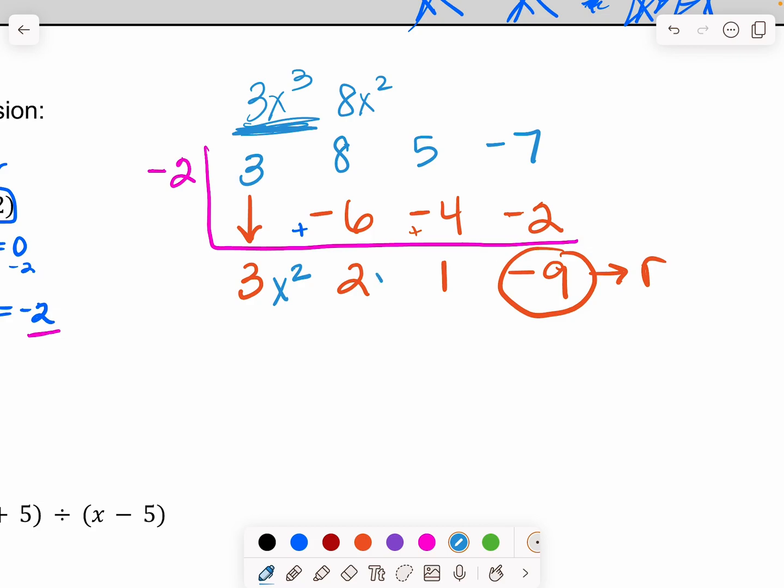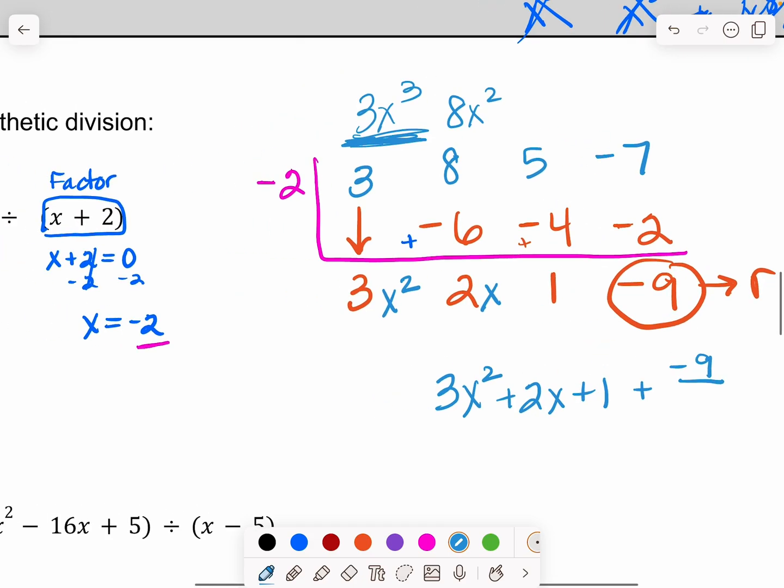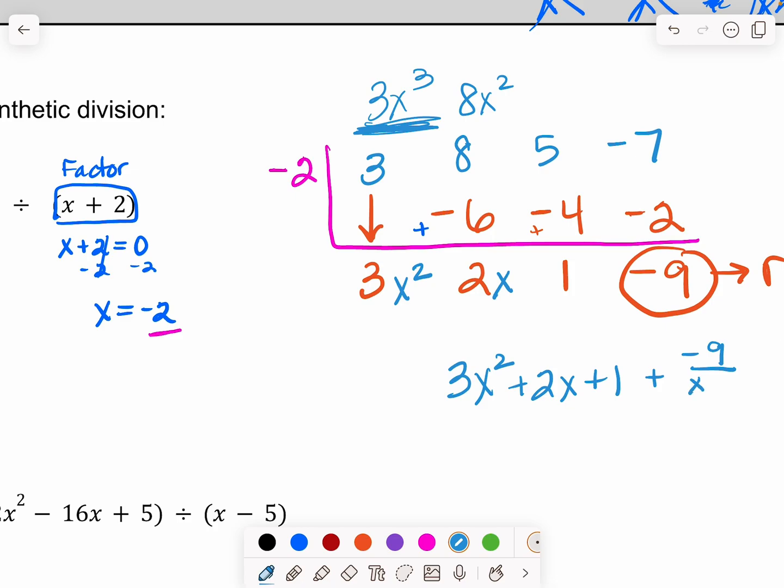And it was x squared, so now this is x. This is a constant, so our answer is 3x squared plus 2x plus 1 plus the remainder of negative 9 over our factor of x plus 2, whatever we divided by. And you'll see that that matches the answer above.